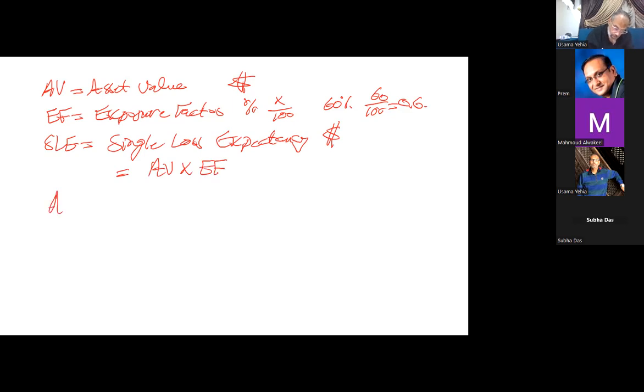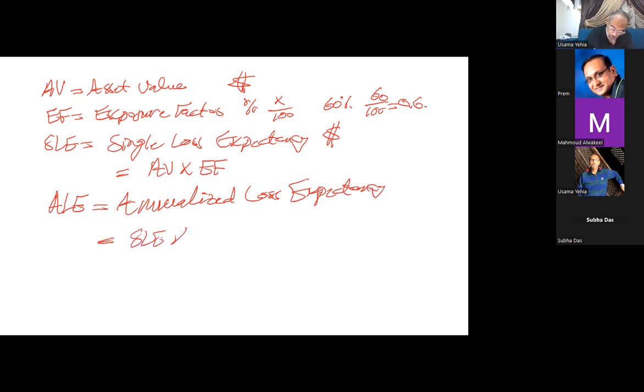Then ALE, which is annualized loss expectancy, equals SLE times ARO. ARO is the annualized rate of occurrence. How to calculate it?